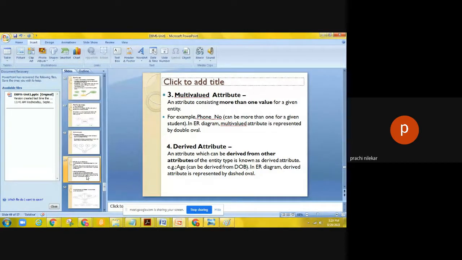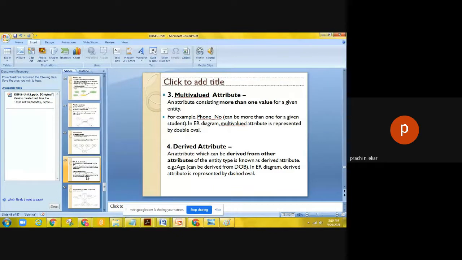So next is a derived attribute. An attribute which can be derived from other attributes. Concentrate properly. An attribute which can be derived from other attributes of the entity type is known as a derived attribute. Let's take an example of age.